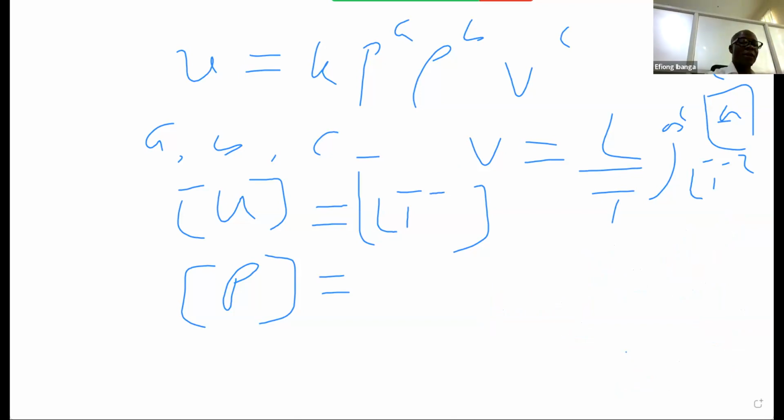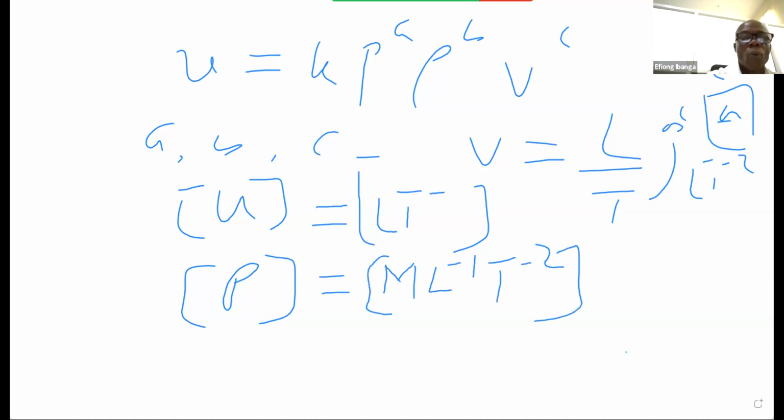It's unfortunate. These are some of the things that we would have done one by one, but we don't have time enough. I'm trying to do it to give you confidence on this one. Pressure is force over area, so it's supposed to be M L to the minus 1, T to the minus 2. What else do we have?